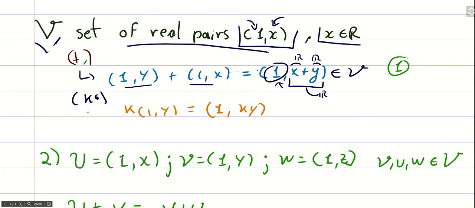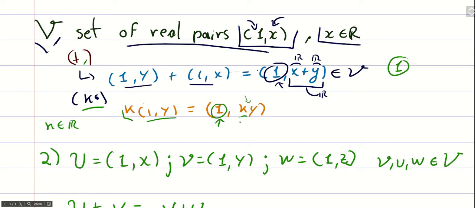In the same way, when we define here the scalar product, we got a scalar, just to remind you that a scalar is just a real number. It's basically a number that we are multiplying to this vector. And when we multiply a scalar by a vector, we keep the first coordinate the same. That means that we just put a number 1 there, and then here we multiply in the second coordinate.